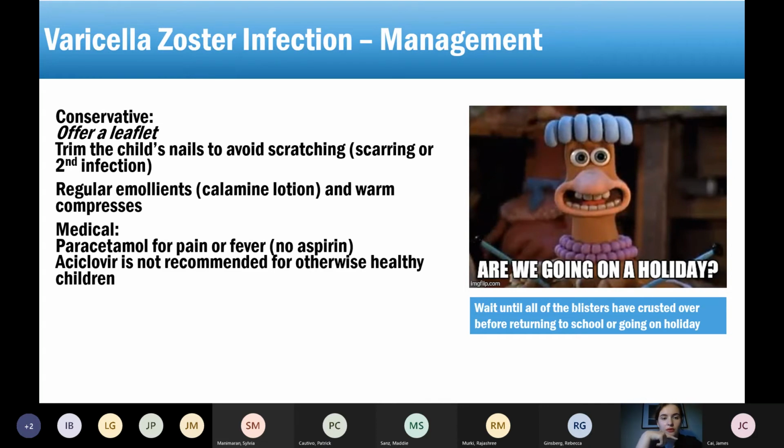Why would you say avoid aspirin? What's the problem with giving aspirin to kids? Does anyone know the name?